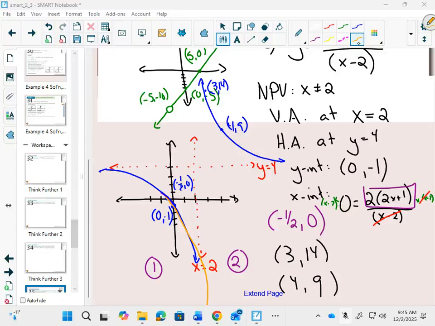You can lose an E10 asymptote for going through. You can lose an E10 asymptote for getting close to your asymptote and at the end veering back away from it. Asymptotes are there to show that your graph keeps getting closer and closer to it. So if you get closer and then veer away, that's another E10 error.